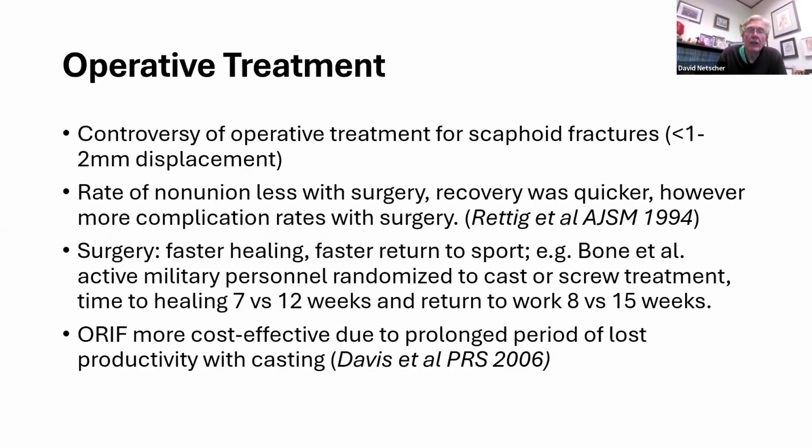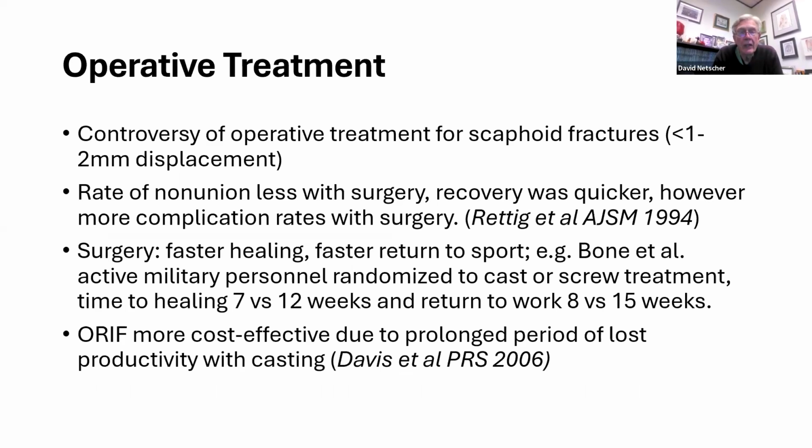So there's a controversy in treatment, especially if it comes to opening and performing fixation. If it's greater than 2 millimeters displacement, then we do operative intervention. The rate of non-union with operative surgery is slightly better.